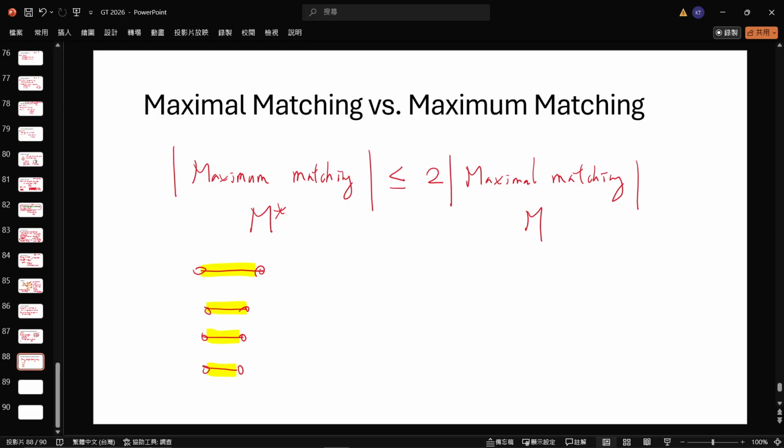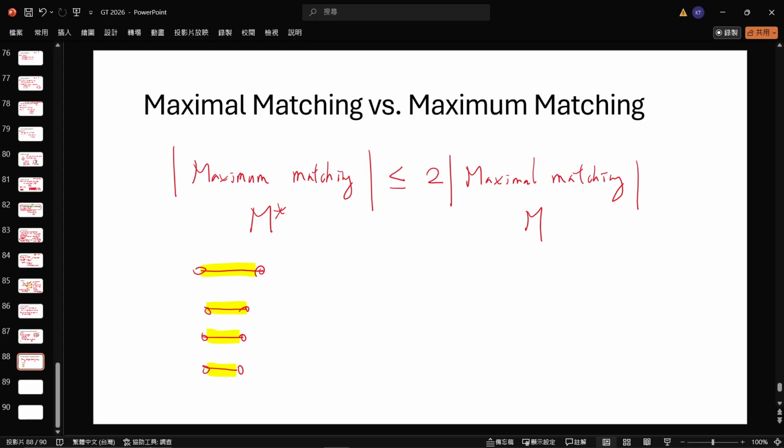Otherwise, if M does not touch this and this, if both of them are not endpoints for the edges in M, then actually I can add this edge to M, and it will still be a matching. So this will violate our definition for maximum matching because this is not local maximum, because we can still add this edge, okay?